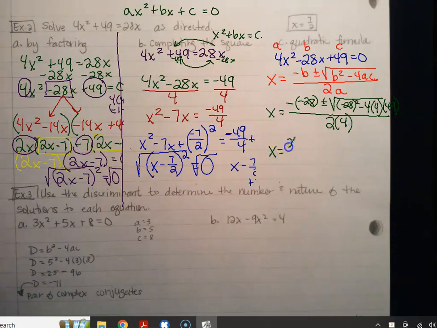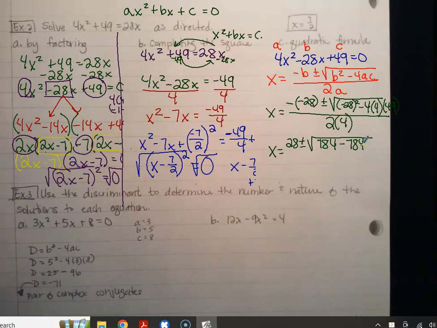So x is going to equal a positive 28 plus or minus the square root. Negative 28 squared is, or let's see, that's just going to be a positive 28. Okay, I lost my place. So negative 28 squared is 784, minus 4 times 9 times 49 is 784.